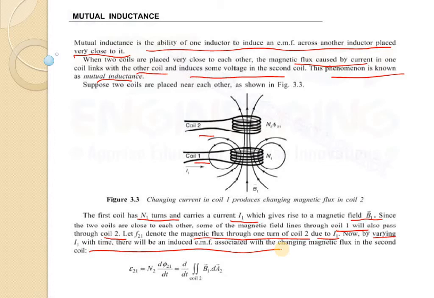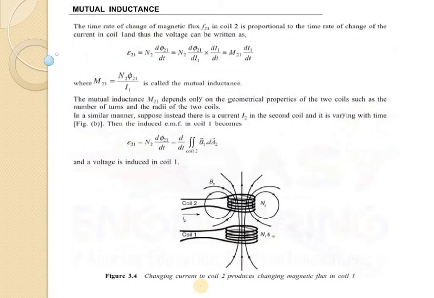Now we will express these terms in mathematics. So that will be E21 equals N2 d phi 21 by dt, equals d by dt of the double integral of B1 dot dS2.